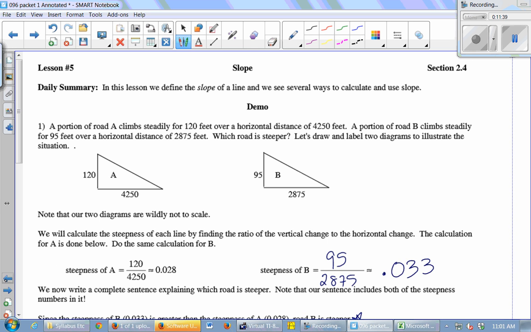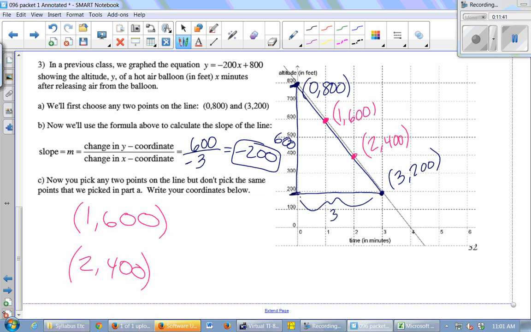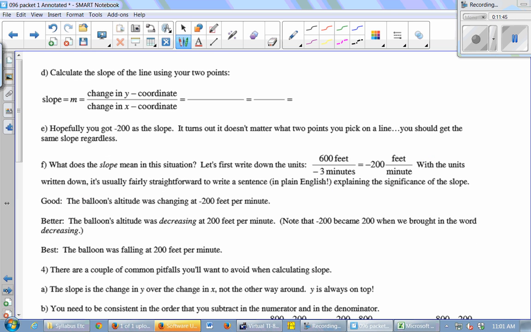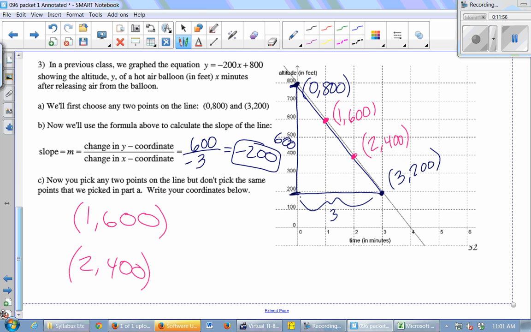Okay, so how much do the y coordinates change from 600 to 400? What's the change there? 200. So if you do 600 minus 400, that gets you 200. And then the change in the x coordinates: if I subtracted in that order for the y's, I have to do the same order for the x's.